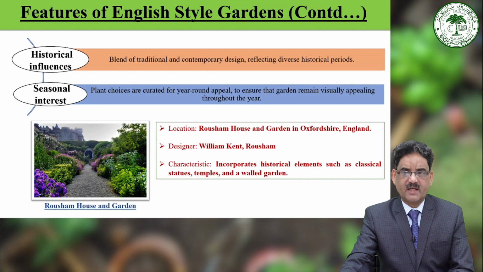Rousham incorporates historical elements such as classical statues, temples, and a walled garden. The deliberate inclusion of historical influences contributes to the timeless and classical appeal of the Rousham house and garden.